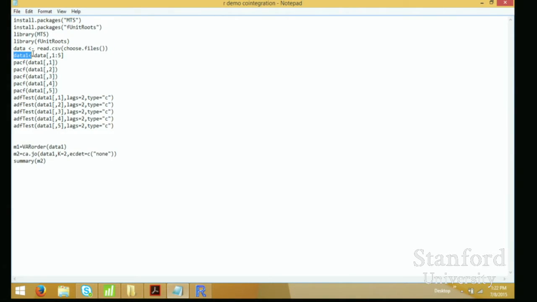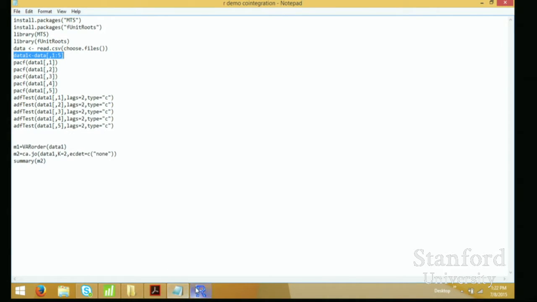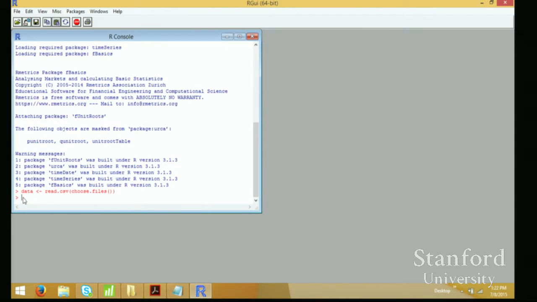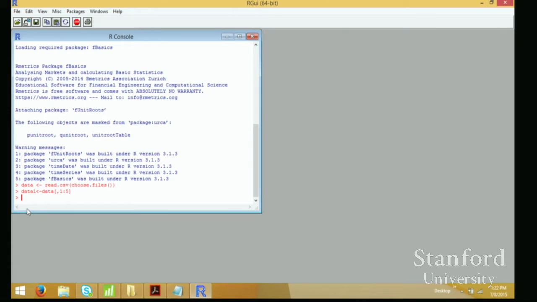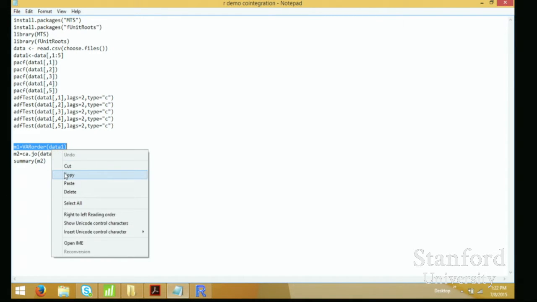All the other columns are just the lag values, so I don't need them. I'm going to fit this model here, M1, that is the first thing I want to do. This is the vector autoregressive model.